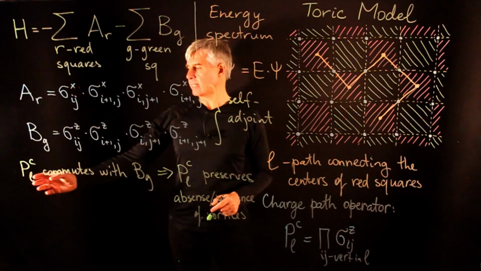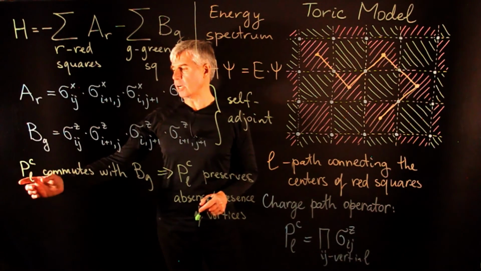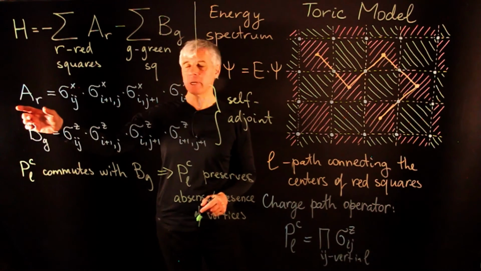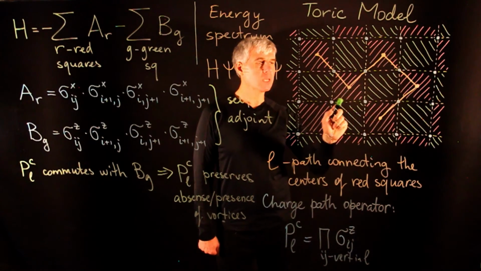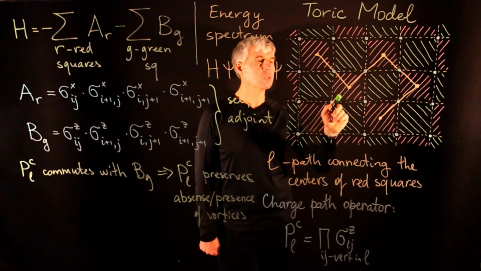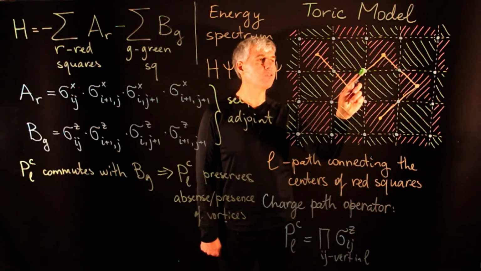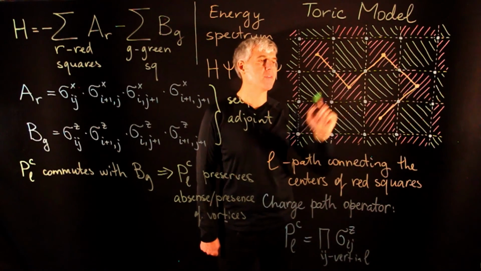Now let us understand the relationship between the charge path operator and operators ARs that correspond to red squares. For red squares in the middle of the path, we see that these squares will have an even number of vertices that will belong to the path.